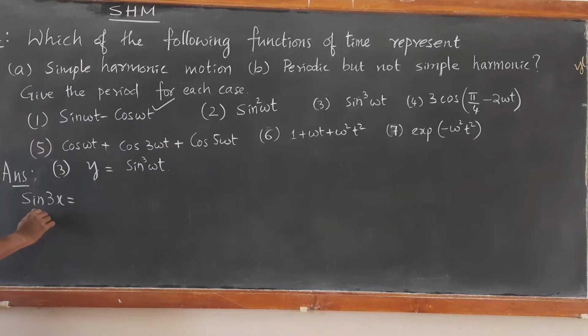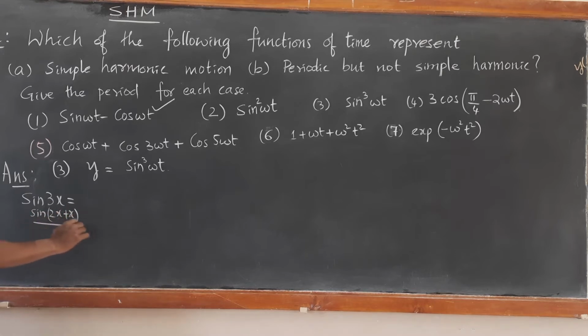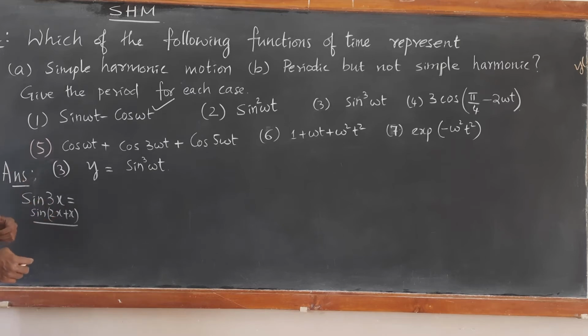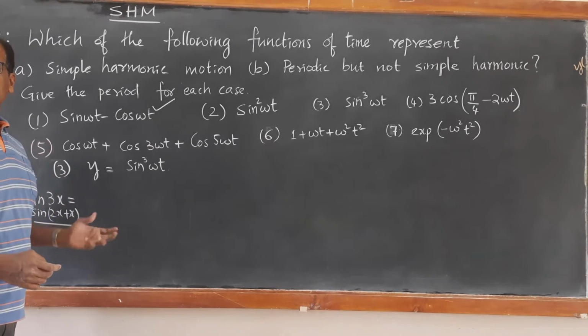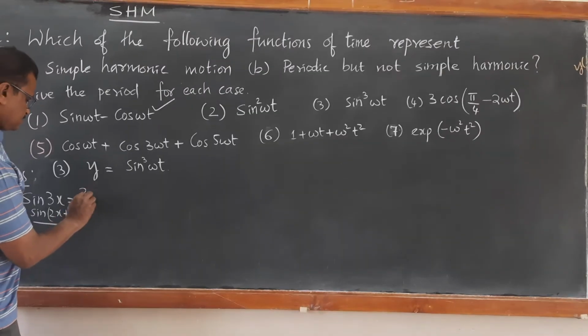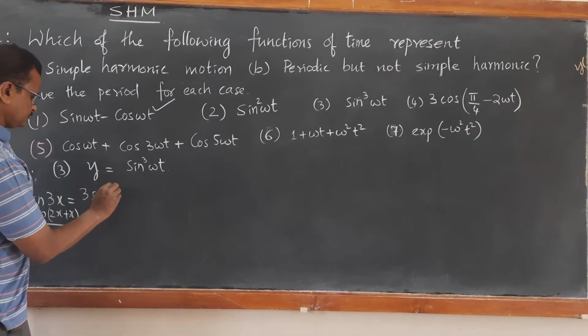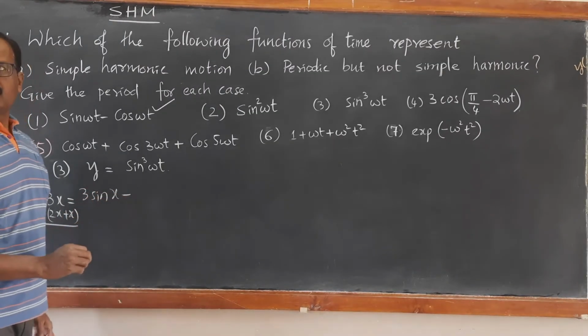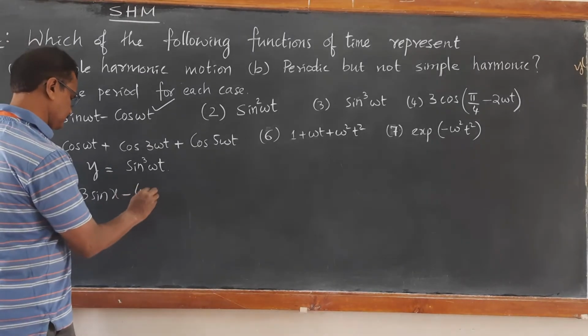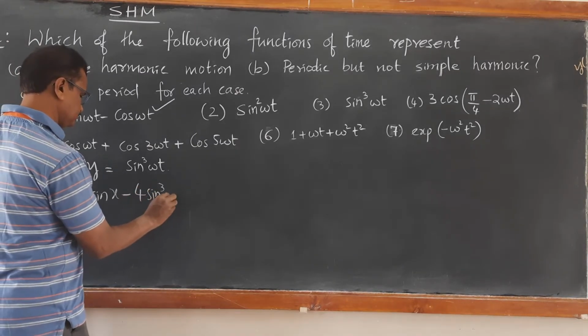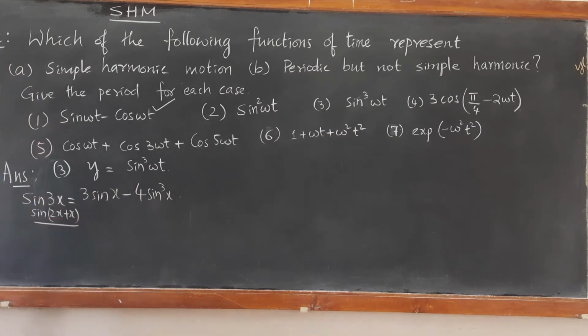Using the identity sin(a plus b) equals sin a cos b plus cos a sin b, you can solve for sin 3x. If you solve for sin 3x, you get 3 sin x minus 4 sin cube x.